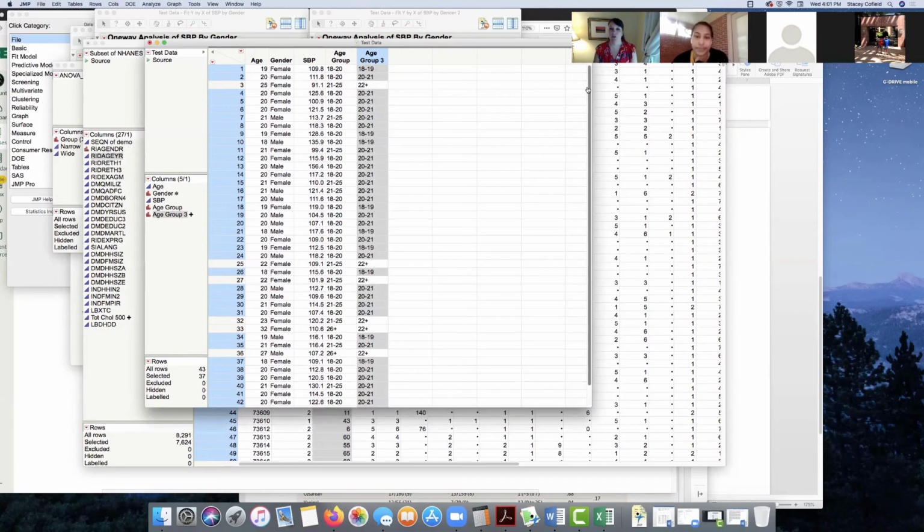So it just depends on what you're most comfortable with. I think value labels are fine if you're careful to make sure that you got the data specified correctly. It's just best practice to make a new column. Okay.